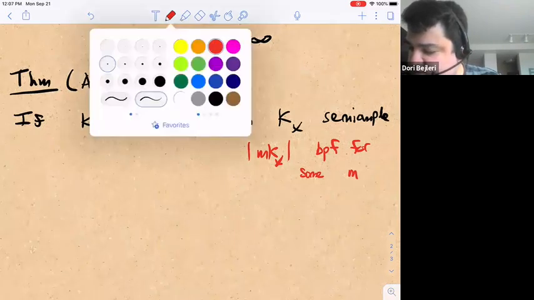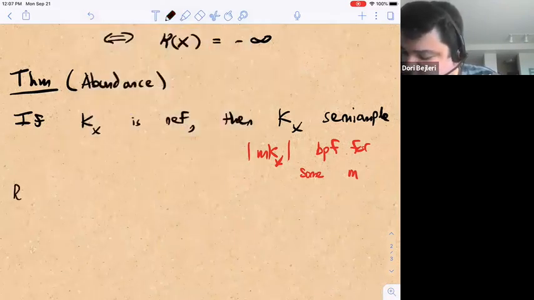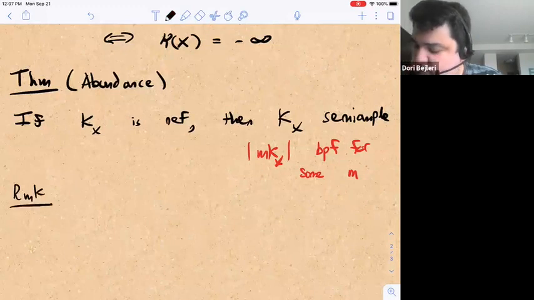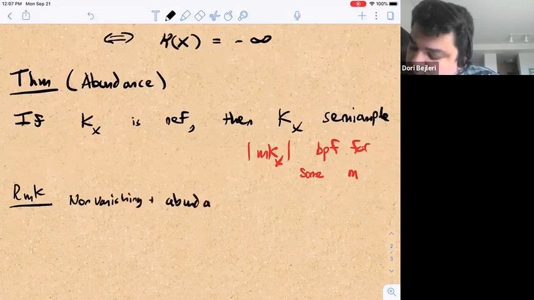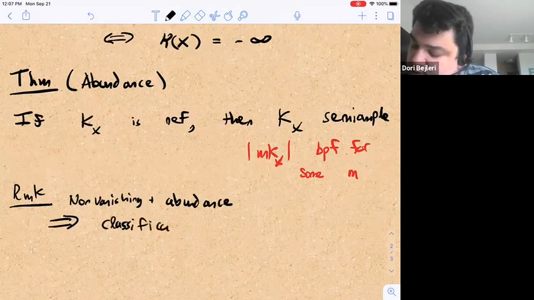So I'll make one remark, which is that once you have abundance, this leads to a classification of surfaces by Kodaira dimension.